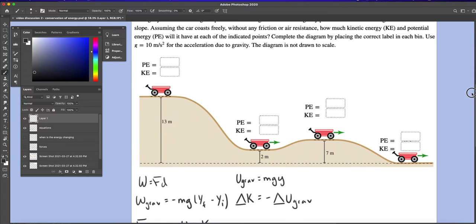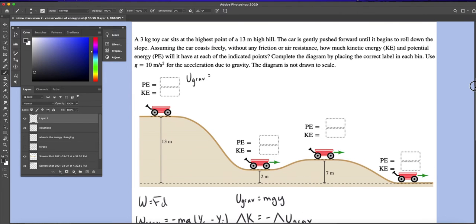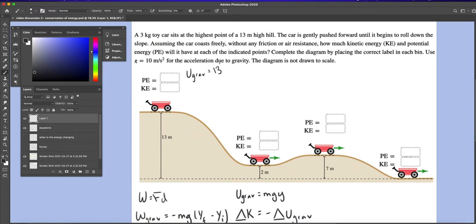And so what you do first is figure out how much potential energy the car has at its highest point. That would be right here. So you would take this equation, and put U gravity equals the mass, 3 kilograms, times 10 meters per second squared times the height, which is 13 meters.